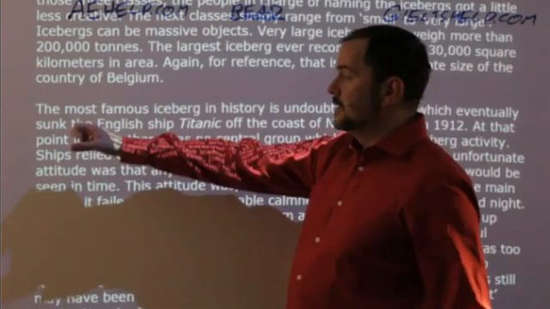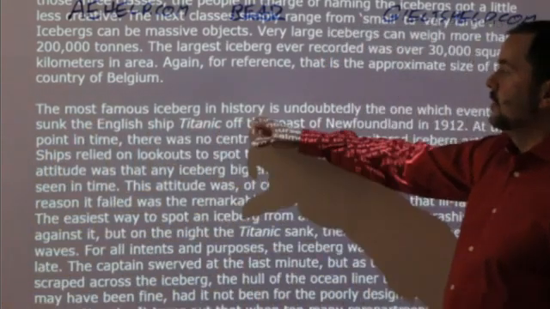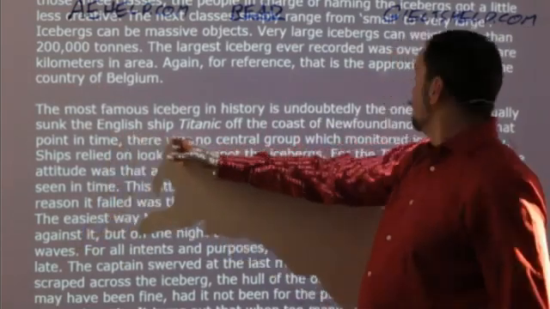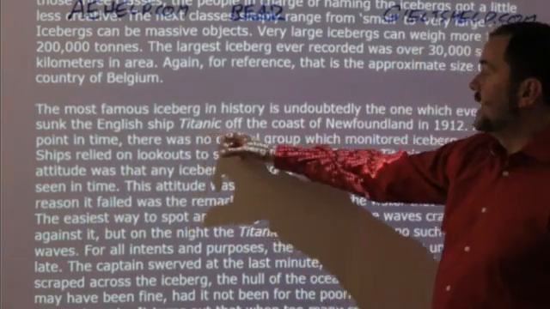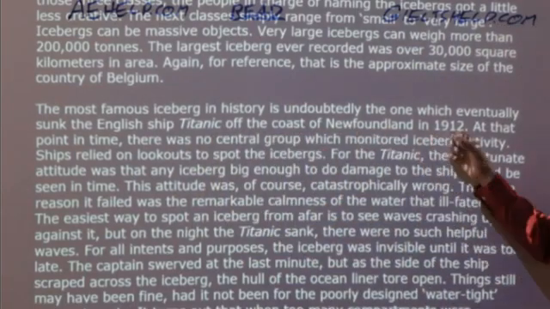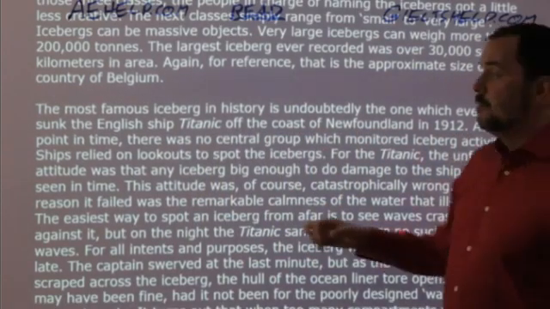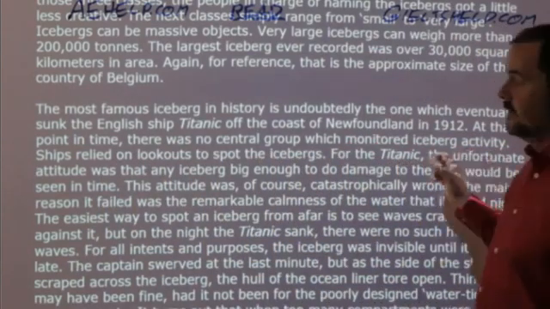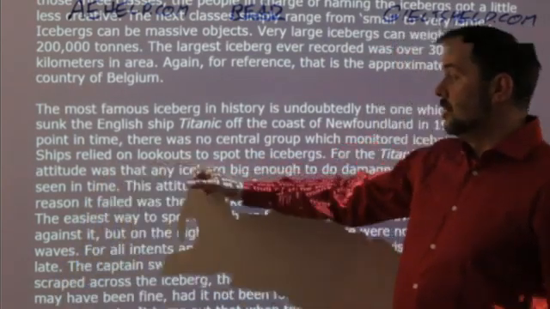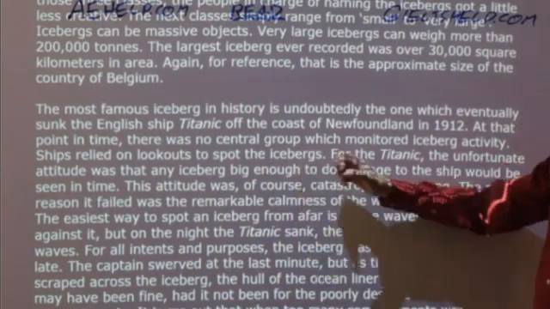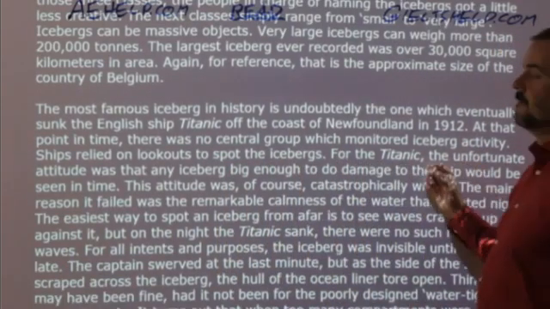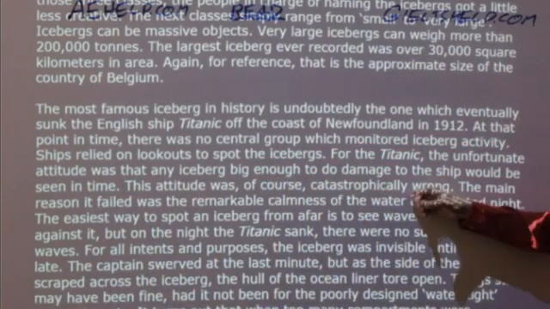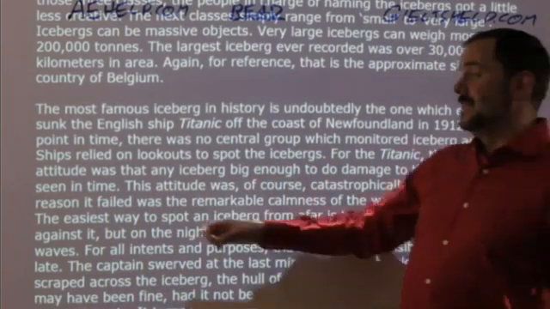All right, here we go. So let's continue. The most famous iceberg in history is undoubtedly the one which eventually sunk the English ship Titanic off the coast of Newfoundland in 1912. At that point in time, there was no central group which monitored iceberg activity. Ships relied on lookouts to spot the icebergs. For the Titanic, the unfortunate attitude was that any iceberg big enough to do damage to the ship would be seen in time.